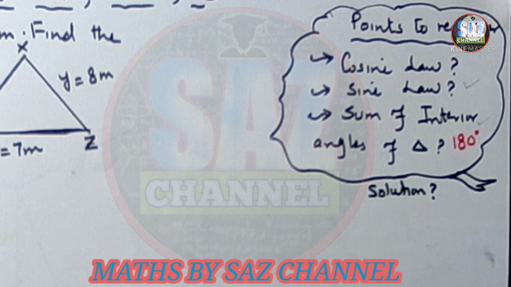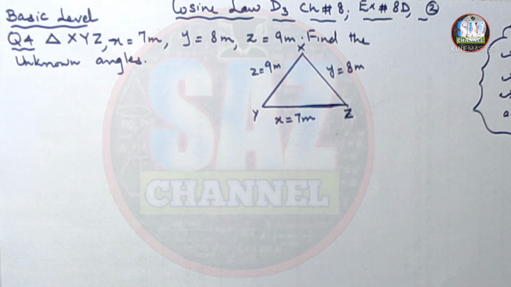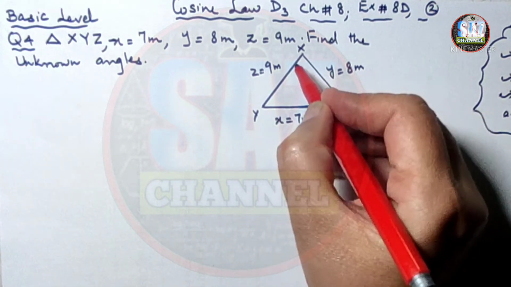Moving to question number 4, and question 4 says that in triangle XYZ, x is 7 meters, y is 8 meters, and z is 9 meters. Find the unknown angles. So let's move to the solution, and let's find any one of the angles in the beginning.